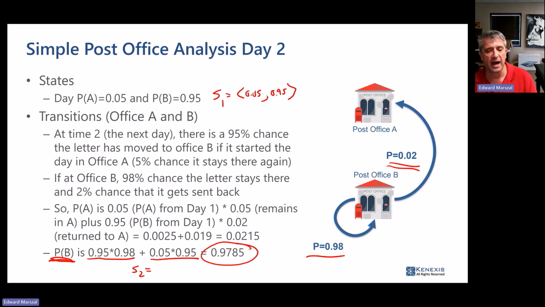So how did that work? If I look at the probability of being in post office A, it started out at the beginning of day 1 as 0.5, and then there's also a 0.2 chance that it's going to get sent back to post office A.